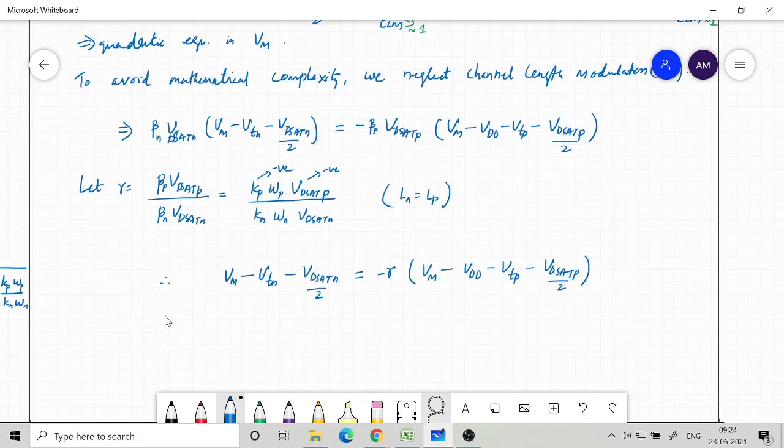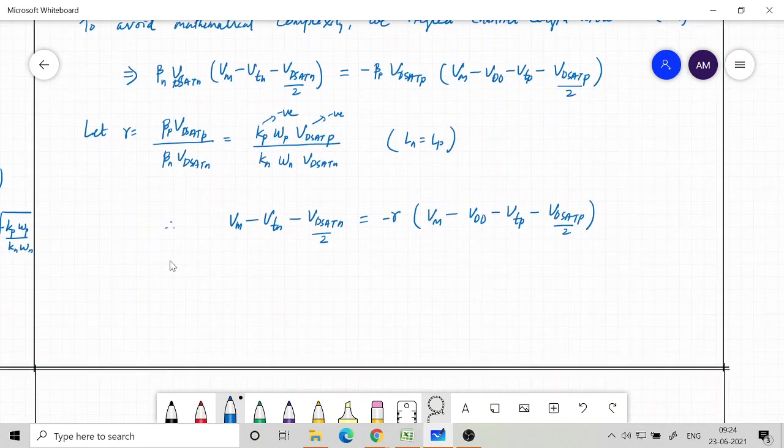So that's what we will get. Now if we simplify this by collecting all the terms that involve Vm to one side, you can see that Vm into 1 plus R you can take on one side, and all the other terms you can keep on the other side, so we have Vtn plus Vd sat n by 2.